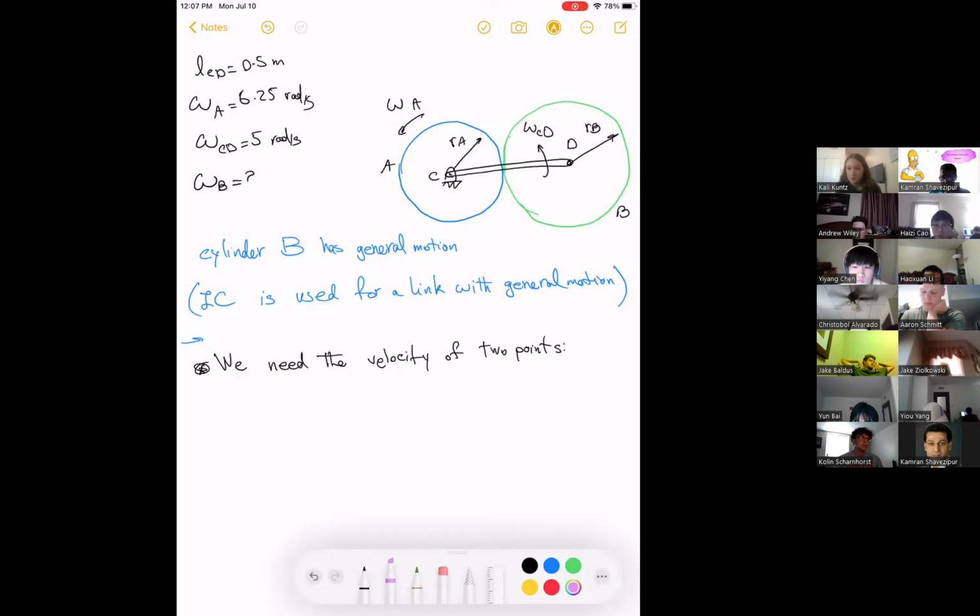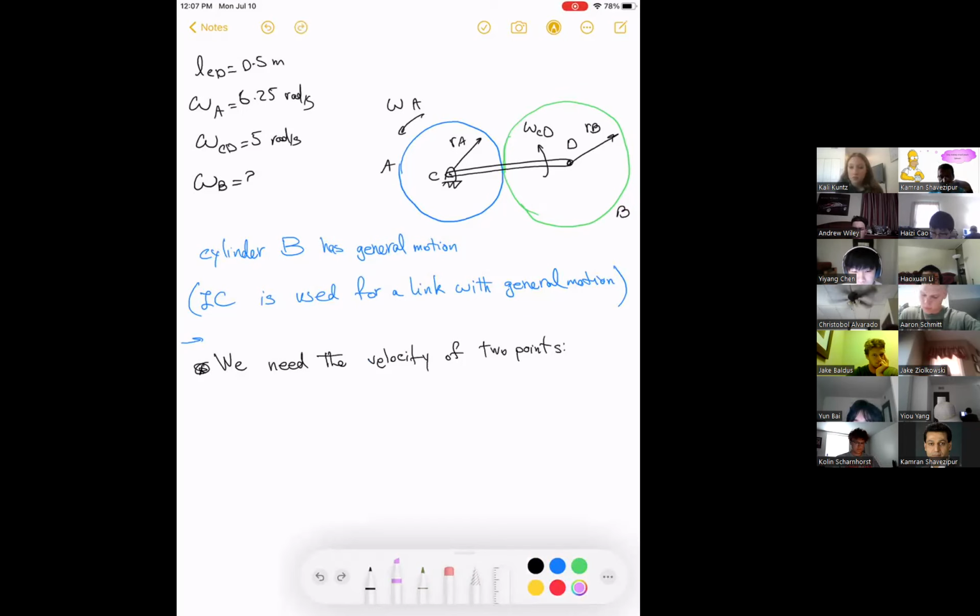B is the whole cylinder. This is the critical step to understand, to be able to solve the problem. Do you know which point I should pick? Maybe D?